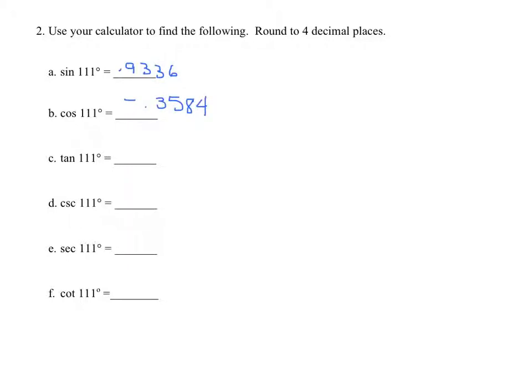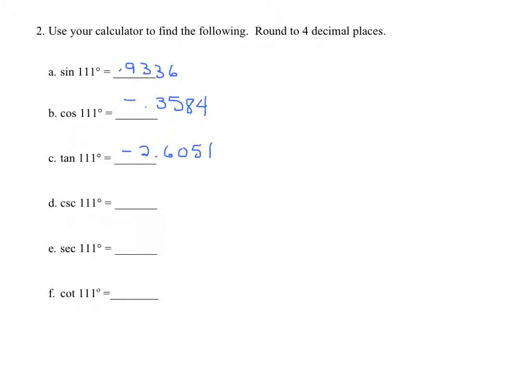And we'll explain a little bit about the negative thing in a little while, so don't panic if you're getting a negative number. So doing the tangent, I'm getting negative 2.6051. And remember, the tangent of an angle is the sine of the angle over the cosine of the angle. So we would expect this tangent to be negative since the cosine is negative.